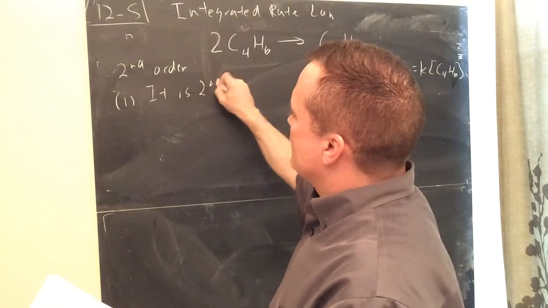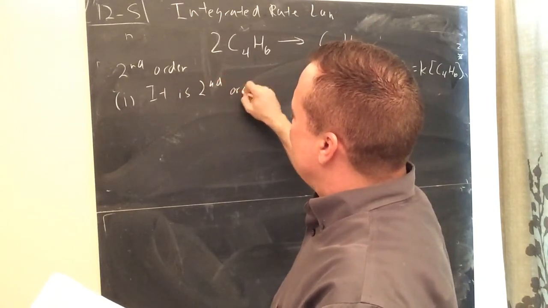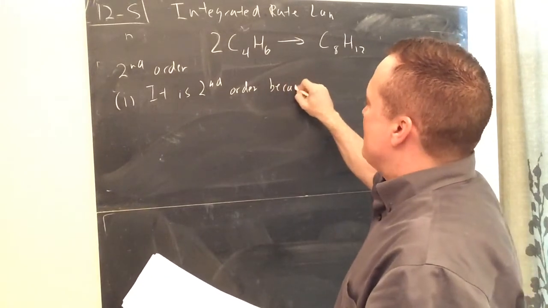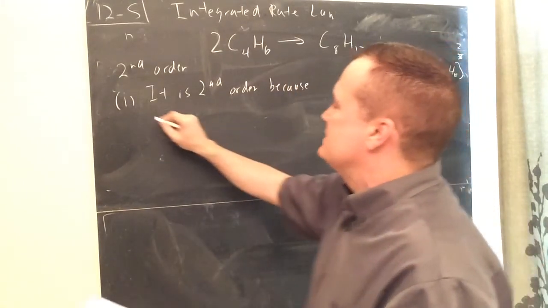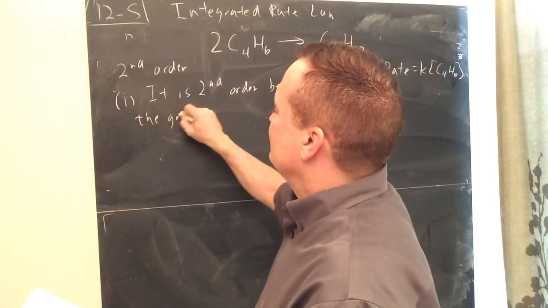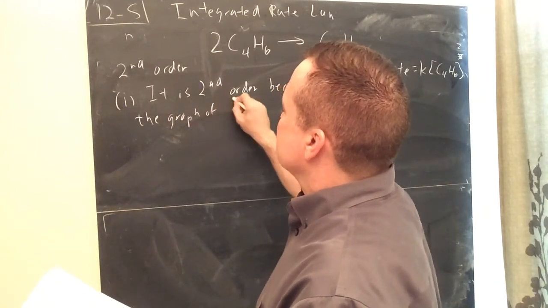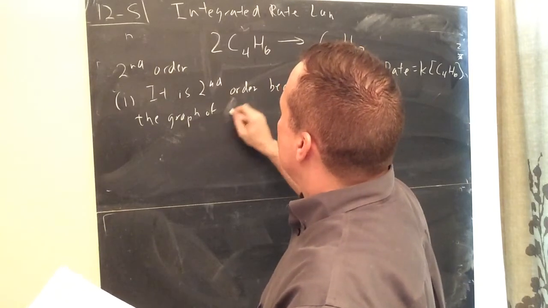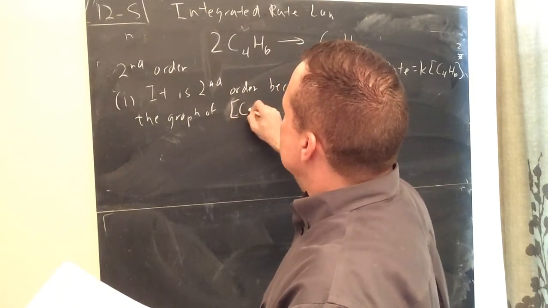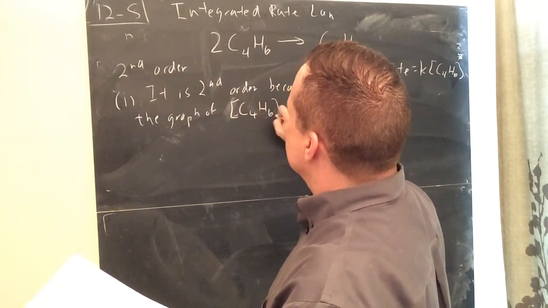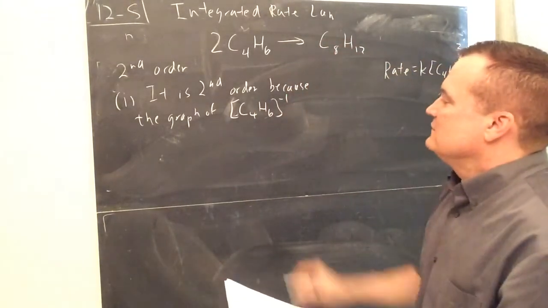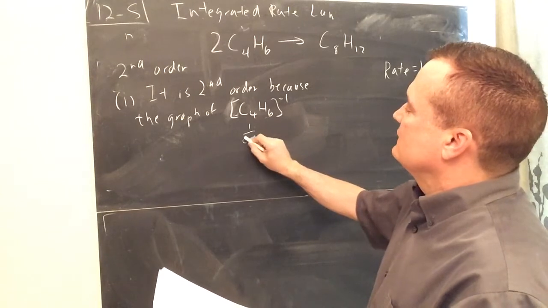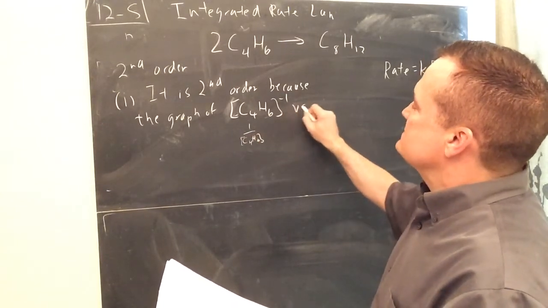It is second order. Now, here's what they want you to write. Oh, my bad writing. It is second order because, now watch what I'm going to say. You got to say these words. The graph of C4H6 to the negative 1 power, or if you want to write 1 over C4H6, versus time.